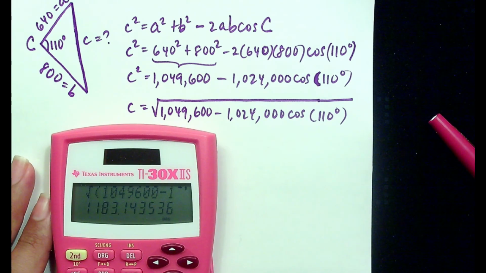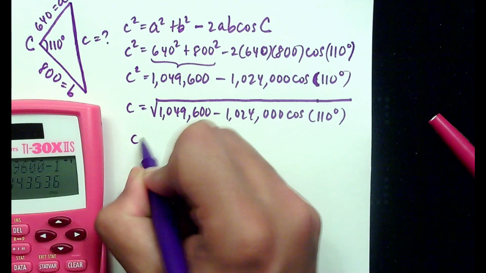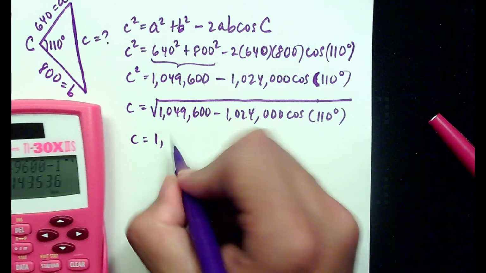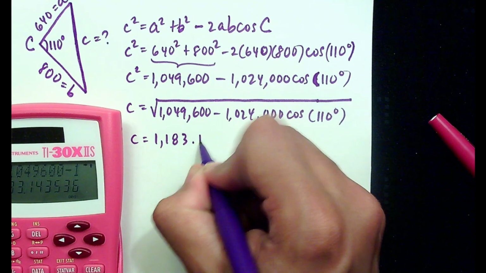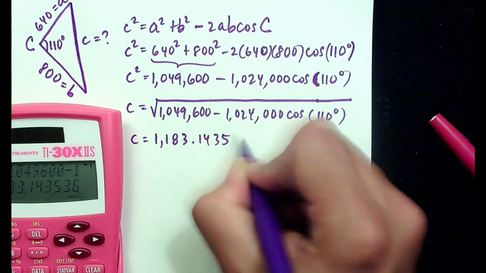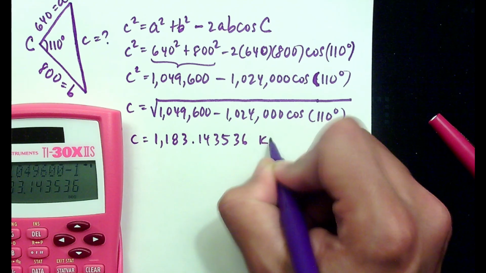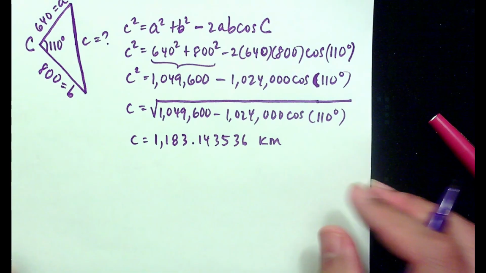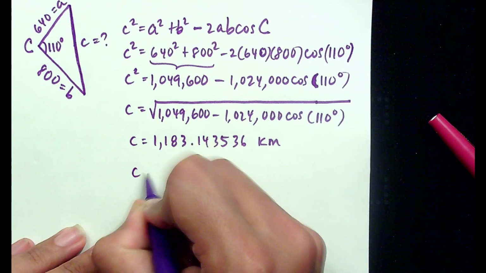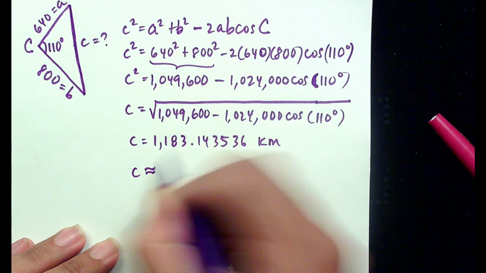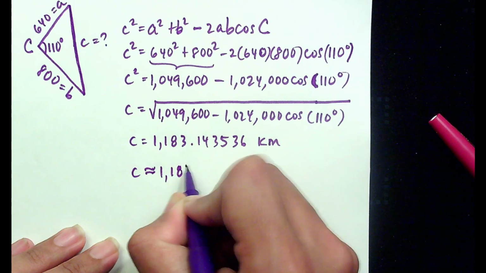And that is 1,183.143536 kilometers, but they asked us to round it to the nearest kilometer, so that means c rounded is 1,183.